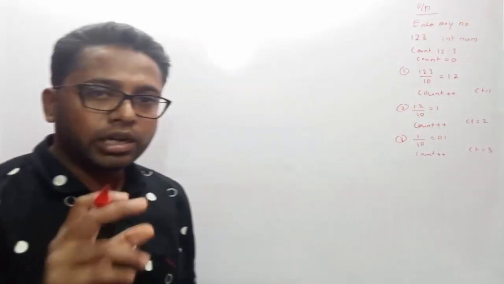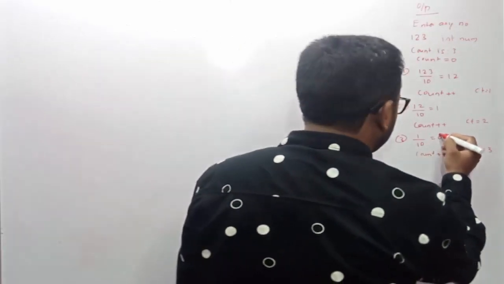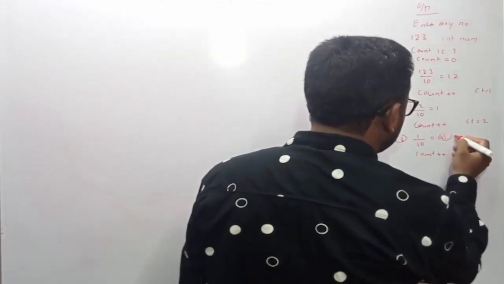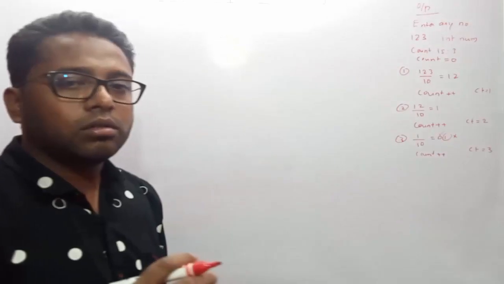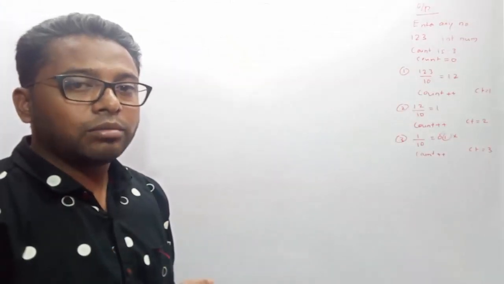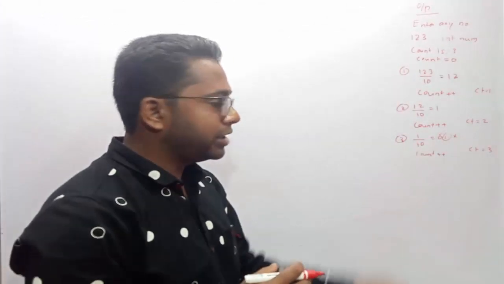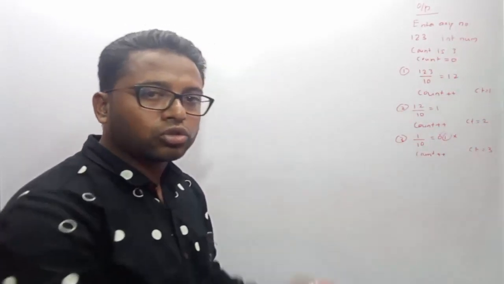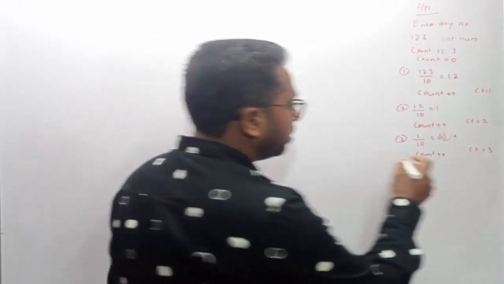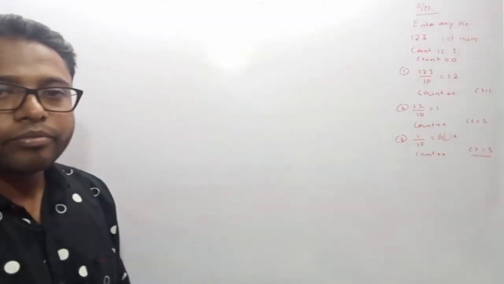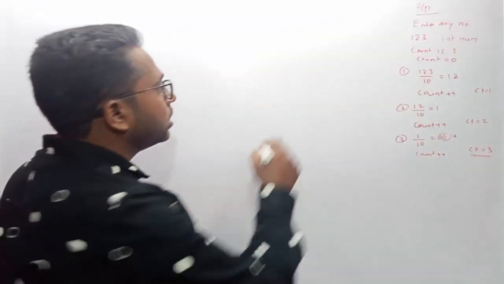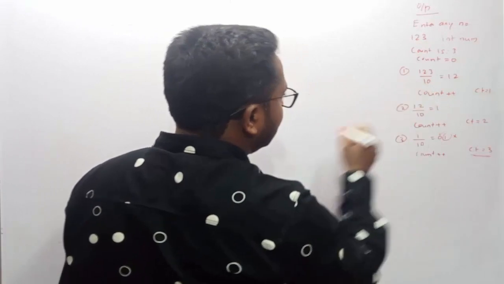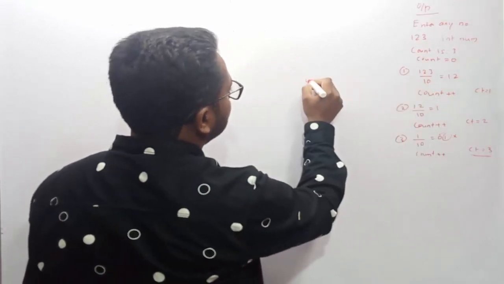Since we are dealing with integers, we will consider only the integer part and leave this. Now the num variable contains the value 0. So when the value of num becomes 0, we stop this process and print the value, count equals 3. So how can we write this in the form of pseudo code?